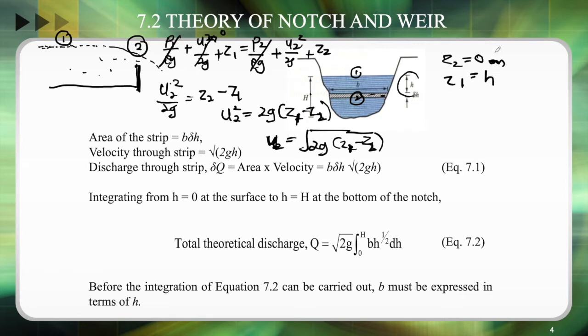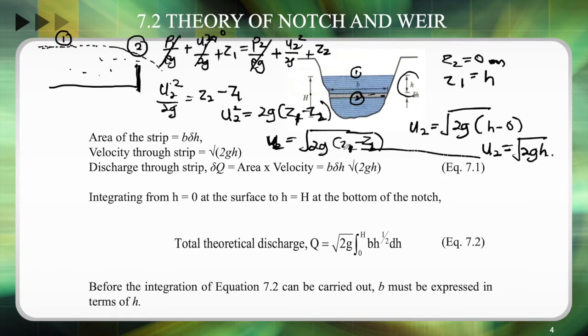After that, we already identified Z2 as our datum and Z1 as H. Therefore, we substitute into this equation, so we get U2 equal to the square root of 2g times, Z1 is H minus 0. So U2 is equivalent to the square root of 2gH. So the velocity through the strip is the square root of 2gH.